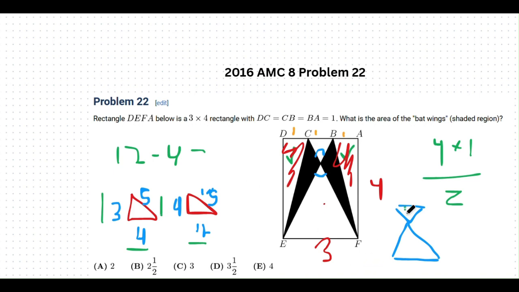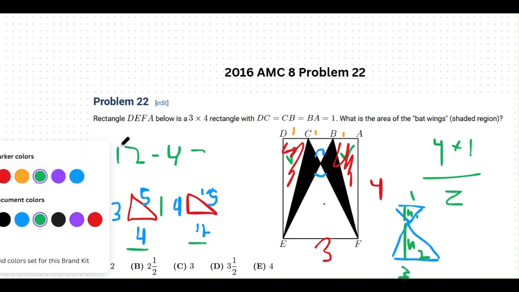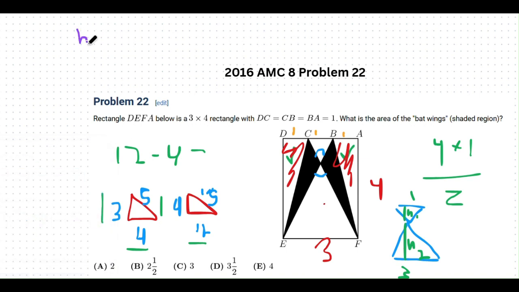So we can set this as H1 and this as H2. Since H1 is smaller than H2, we can write an equation that H1 is equal to 1 over 3 H2. Okay, not multiplying, my bad. We know that H1 plus H2 is equal to 4 because of this.